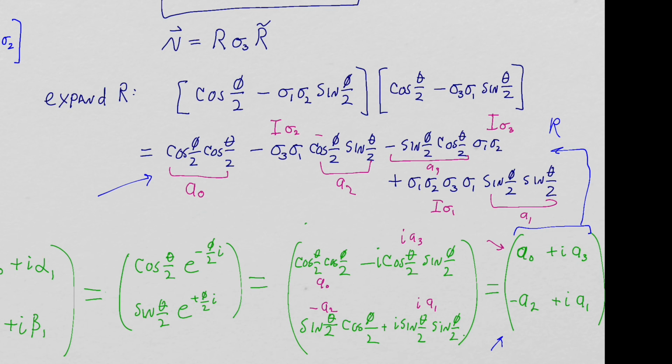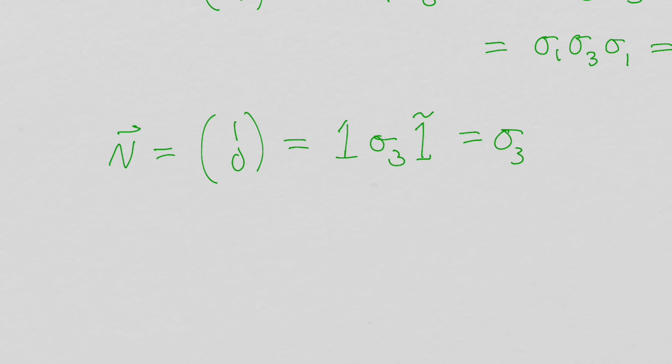These guys go away, and what I'm left with is the prescription for that rotor: the rotor is now 1. So the Bloch vector is going to be represented in the algebra as 1 sigma 3, 1 reversion, which is just sigma 3. But notice that this step is sort of superfluous almost. It's the 1 that matters the most, right?